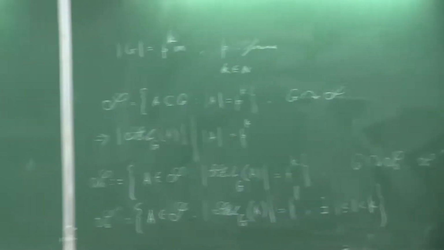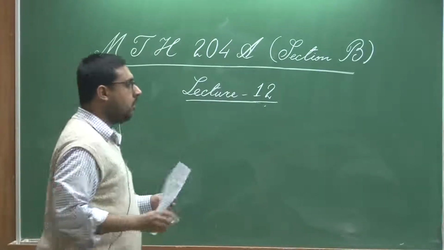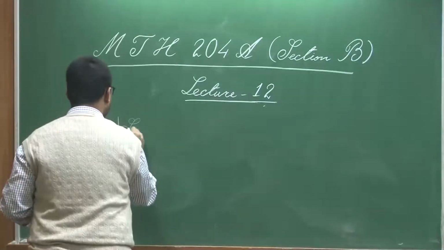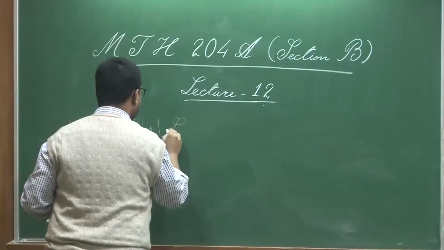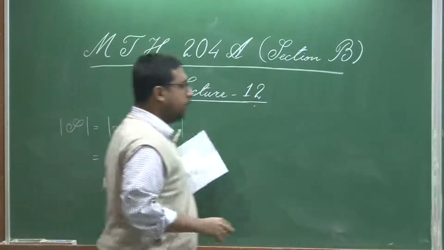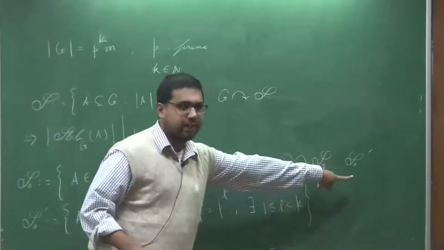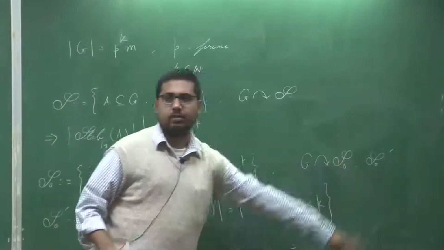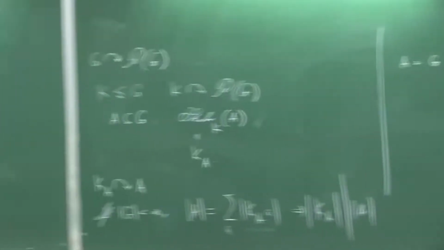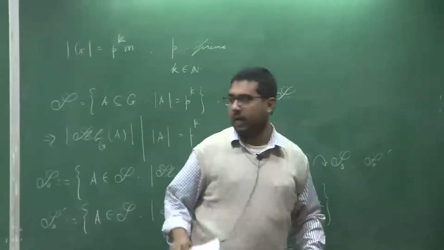So, what we do now is very simple. S is the disjoint union of S naught and S naught prime. Now, because G acts on S naught prime, the order of S naught prime will be the sum of the orders of the disjoint orbits of the action of G on S naught prime.